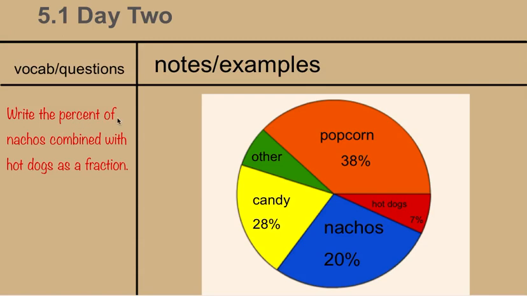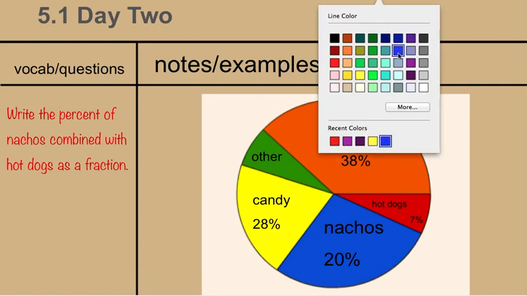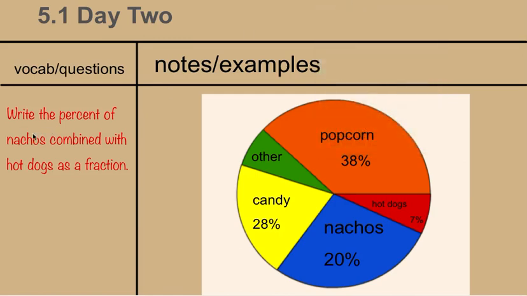Write the percent of nachos combined with hot dogs as a fraction. All right, so there's more than one step that we have to complete here. First of all, blue is kind of boring, but we have that as a choice. All right, we need nachos and hot dogs combined.